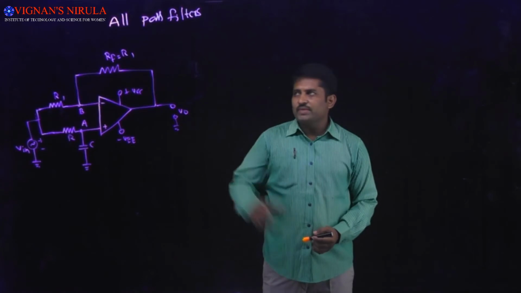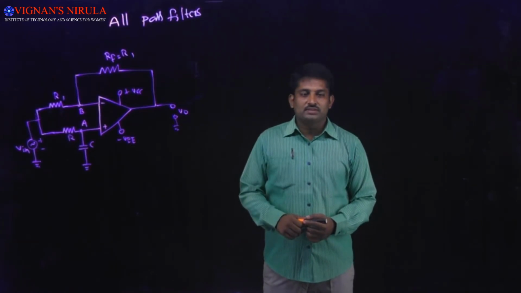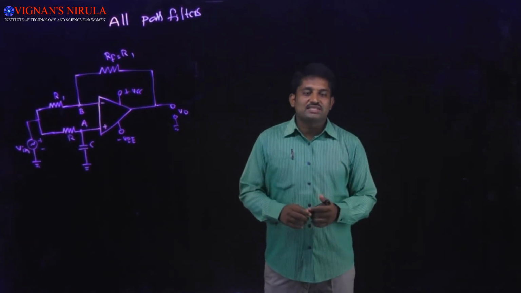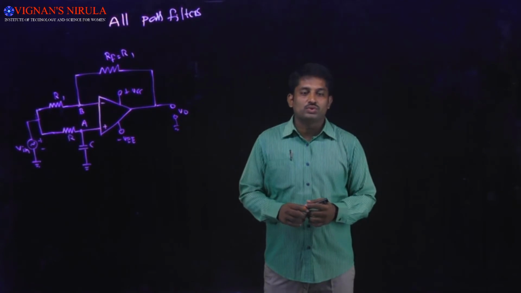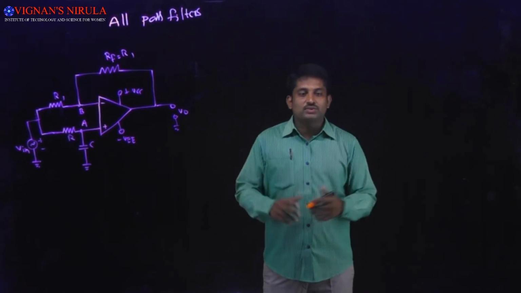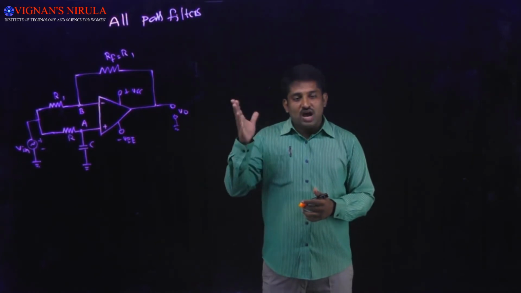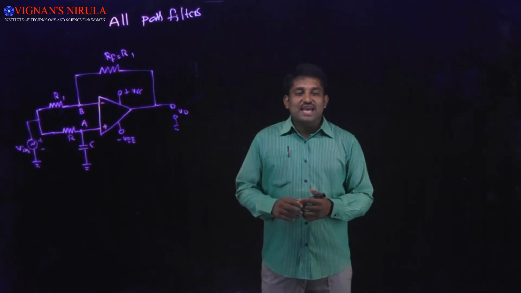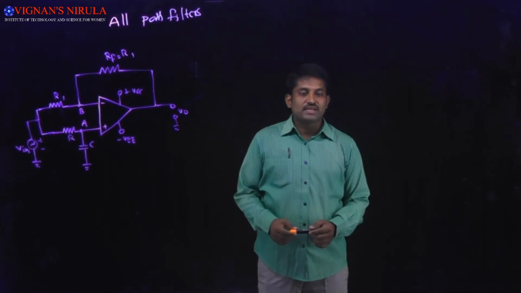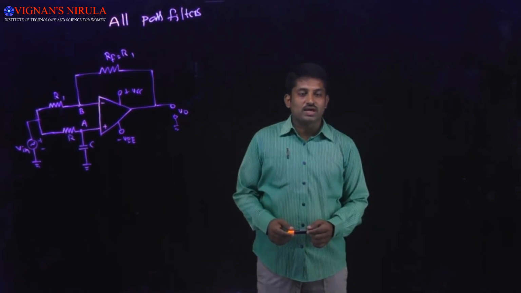Okay, coming to the all pass filters. The filters discussed till now are used to adjust the magnitude of the transfer function of the circuit, but this also alters the phase angle characteristics. Many times it is required to control the phase response of the filter.